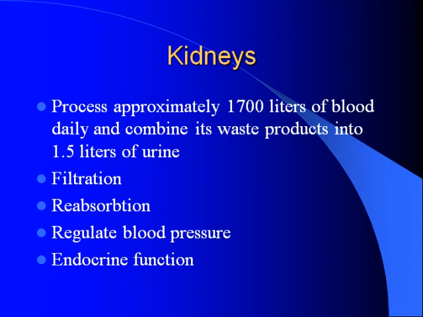The main responsibilities of the kidneys are filtration, reabsorption, to regulate blood pressure, and they also have endocrine function as well. And if you remember back to regulating blood pressure, specifically if your blood pressure is low, remember that the kidneys will secrete renin, which activates the renin-angiotensin-aldosterone system.